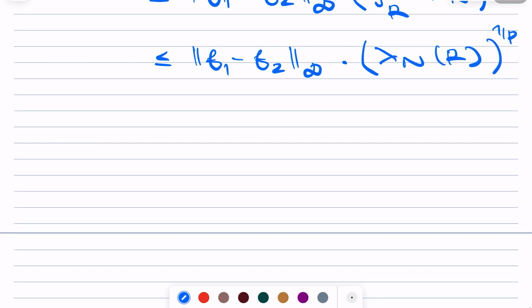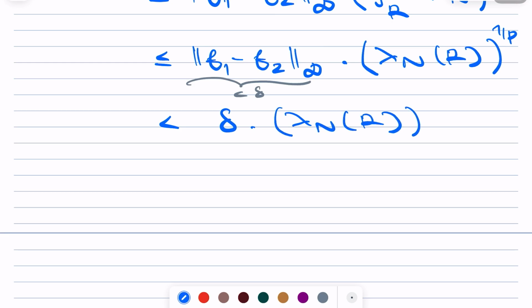But this is strictly less than, remember, this norm was less than delta, so this is less than delta times the n-dimensional Lebesgue measure of R to the power 1 over p.